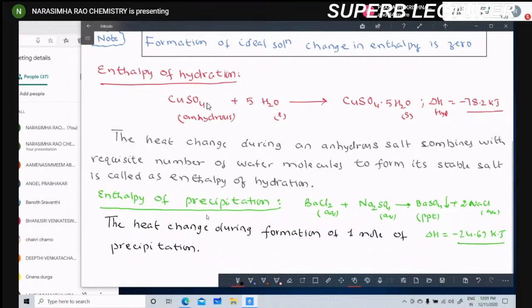It's clear, children? Yes, it is called the enthalpy of precipitation.